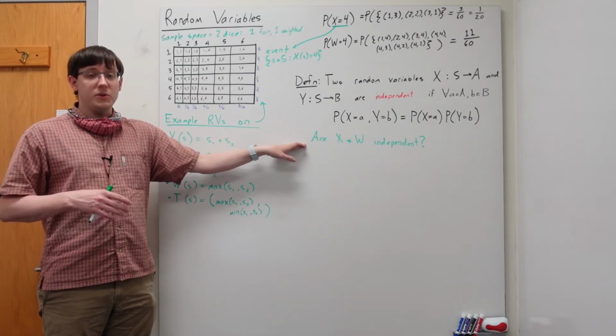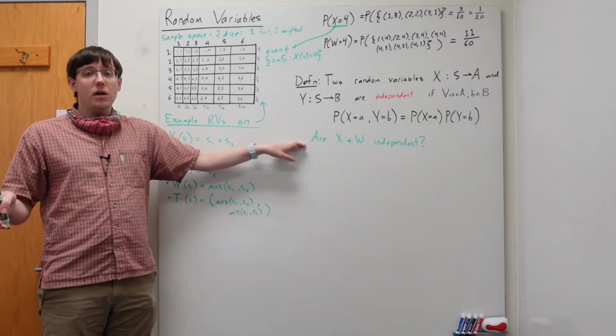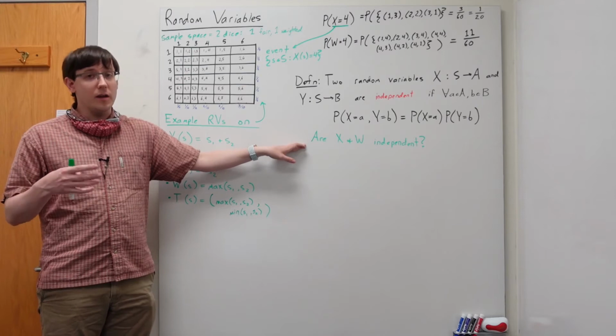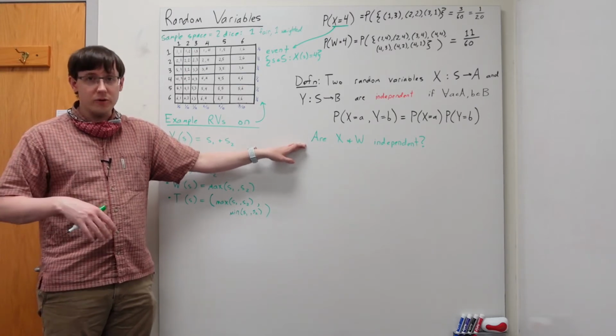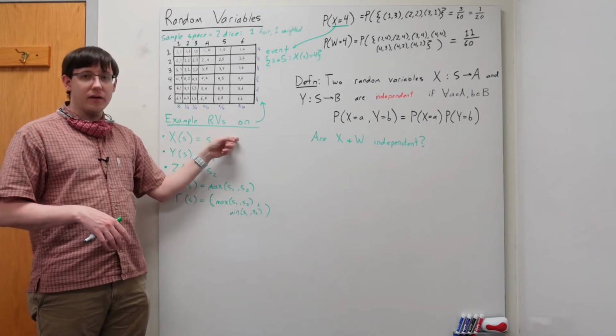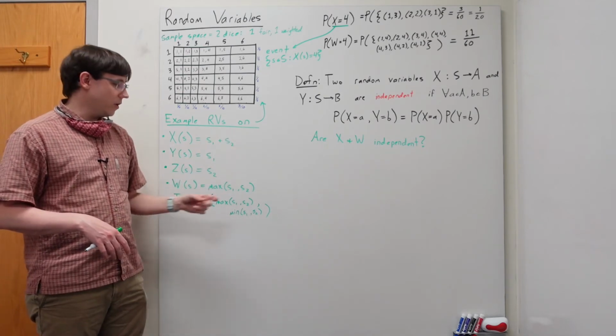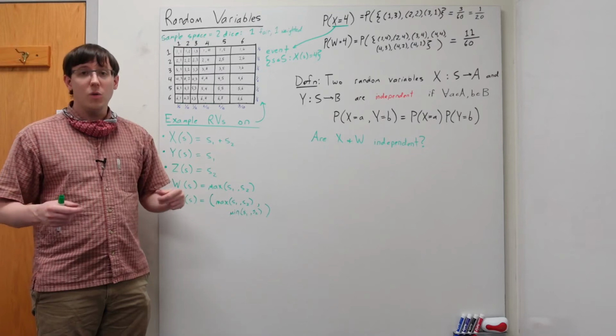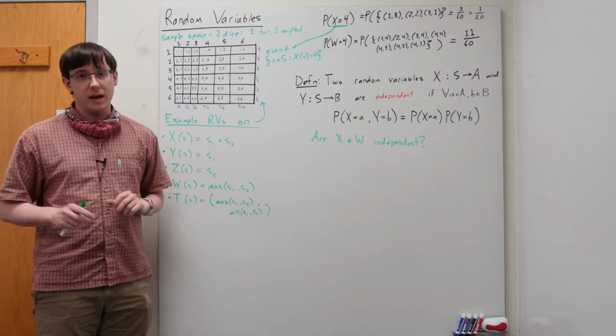So we should be able to either prove that all of those pairs of events are independent, or show a counterexample of some event for X taking on a value and some event for W taking on a value where those two events are not independent.